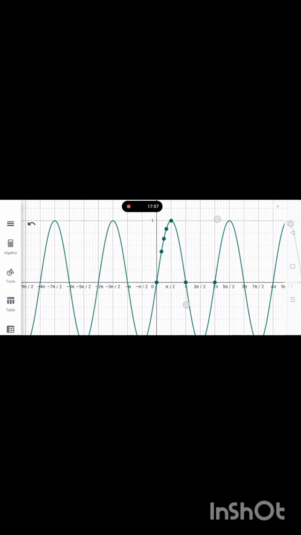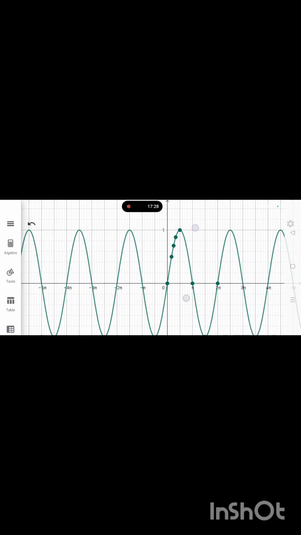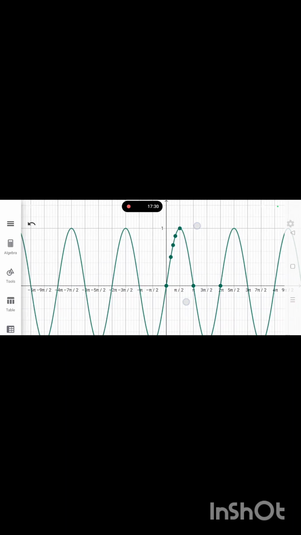Look at this. This is a cos wave. Cos 0, 1, cos 30 degree, root 3 by 2. Sorry, this is an increasing function. This is the sine wave.